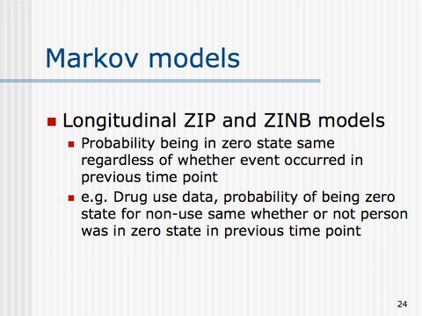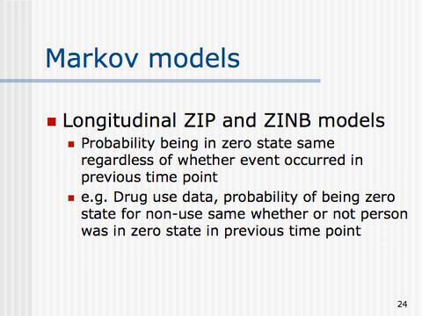There's another approach you can take too, and you can actually apply a Markov model to a longitudinal ZIP or zero inflated negative binomial model. One of the assumptions that we make when we fit a longitudinal ZIP or zero inflated negative binomial model is that the probability of being in the zero state is the same regardless of whether the event occurred in the previous time point.